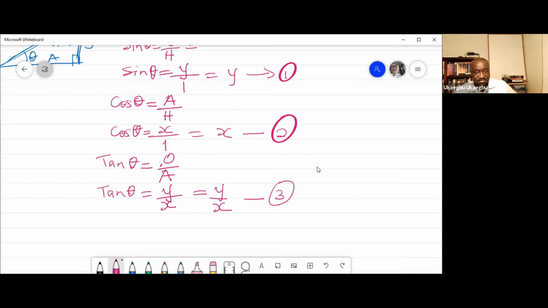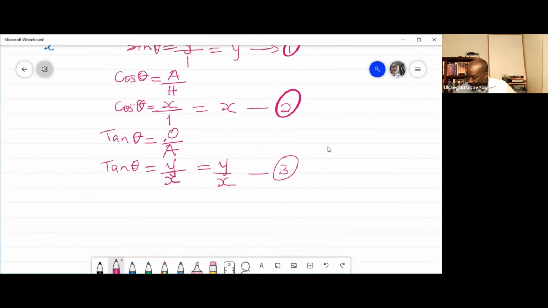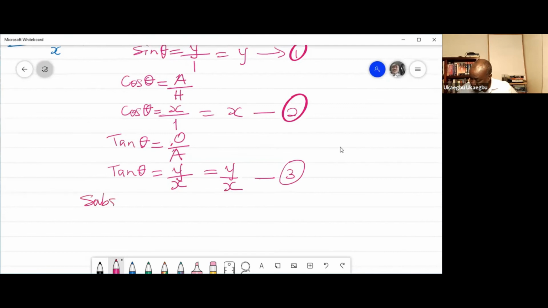So now let's make that substitution. Substitute equations 1 and 2 into 3.